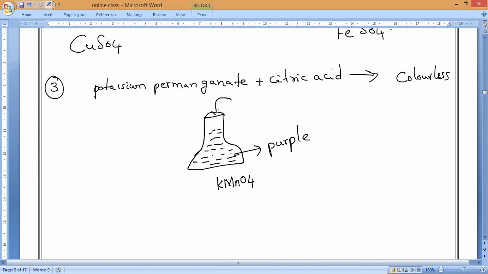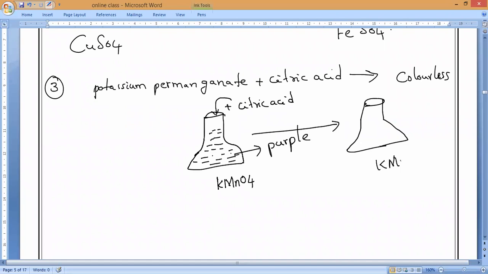Now, if I add citric acid, what is happening? Citric acid, like in lemon, makes the potassium permanganate turn colorless. Please respond. So colorless means it is a chemical reaction or a physical reaction?